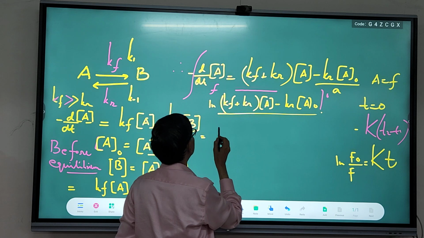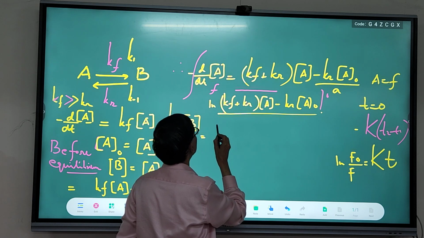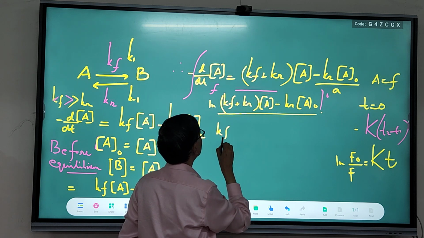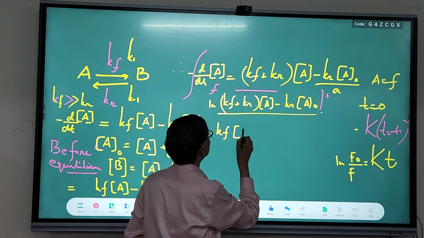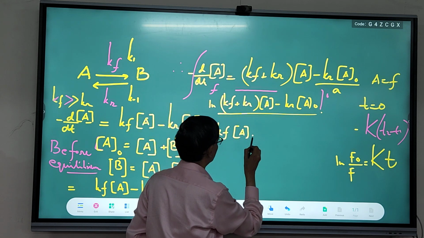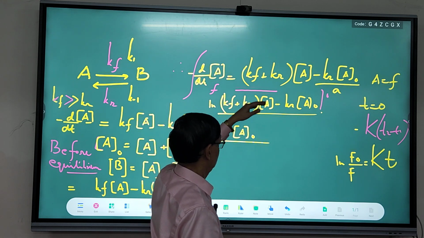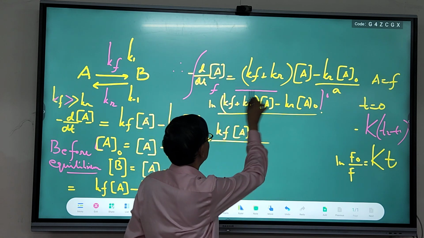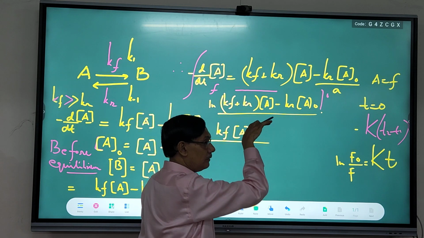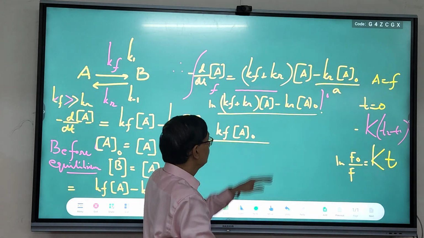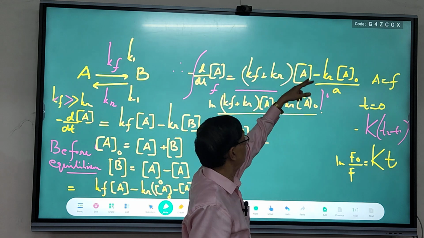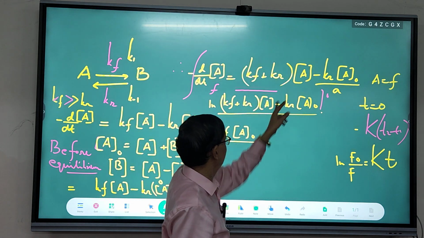So the final equation is Kf A0 over the denominator, same thing, because F0 divided by F, this Kr A is cancelled, so Kf is 0.